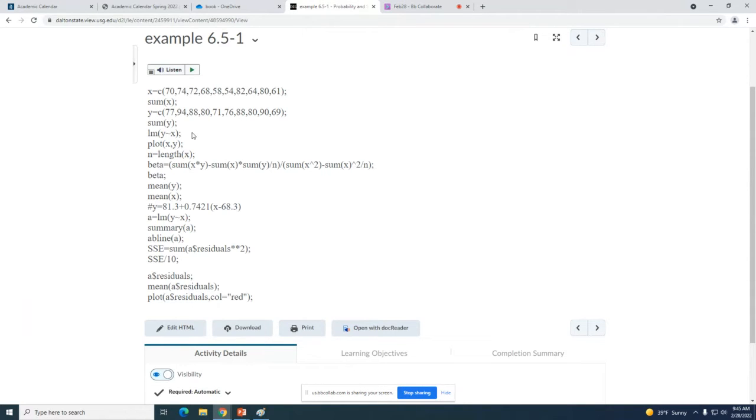I found the beta using the beta formula that we had, which ended up being the same as what's represented by lm, the linear model given by R. These two are identical. That was the beta formula. I found the mean for X and Y, and that's the formula we end up having using the textbook formula.